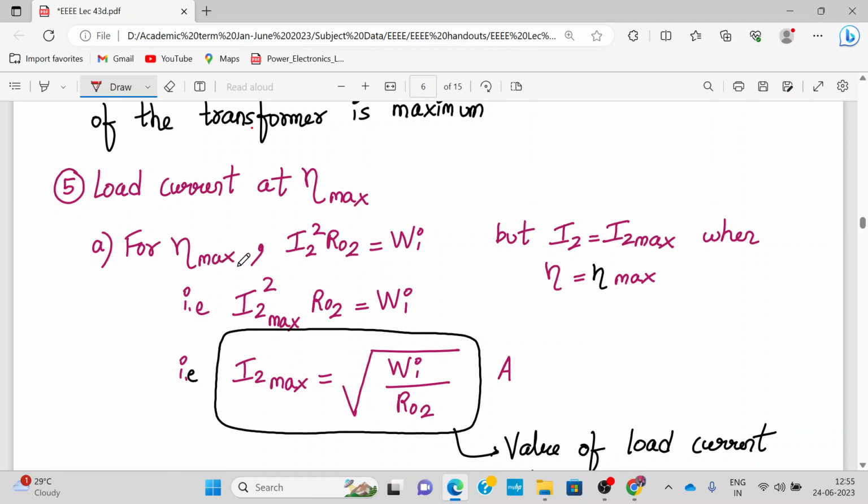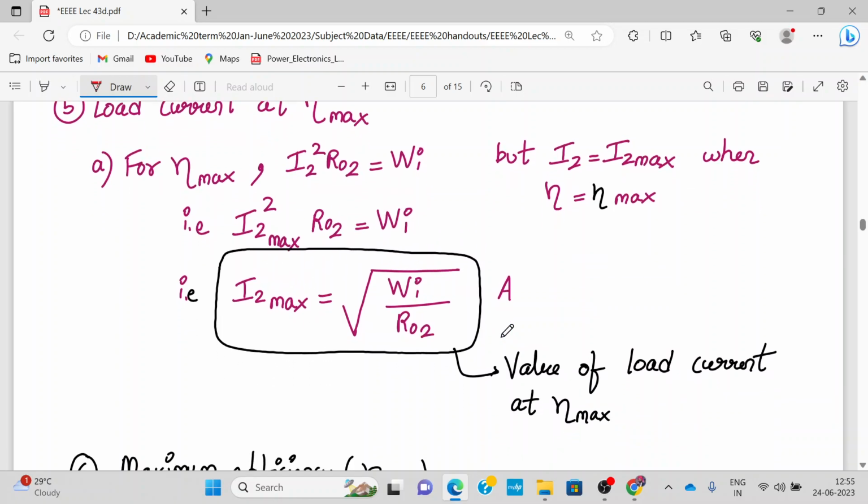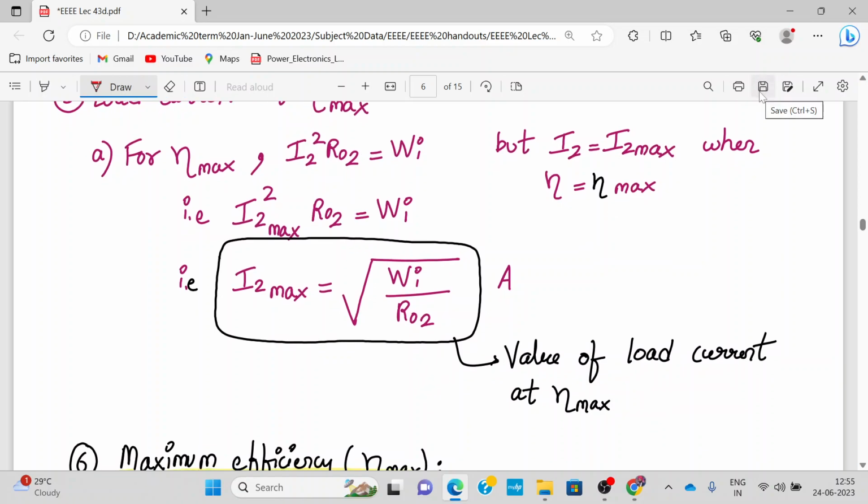For eta max, I2 square RO2 is WI. But I2 is equal to I2 max when eta is equal to eta max. So I2 max square into RO2 is WI. So I2 max will be equal to the square root of WI upon RO2. This is the value of the load current at maximum efficiency, and the unit is amperes, of course.